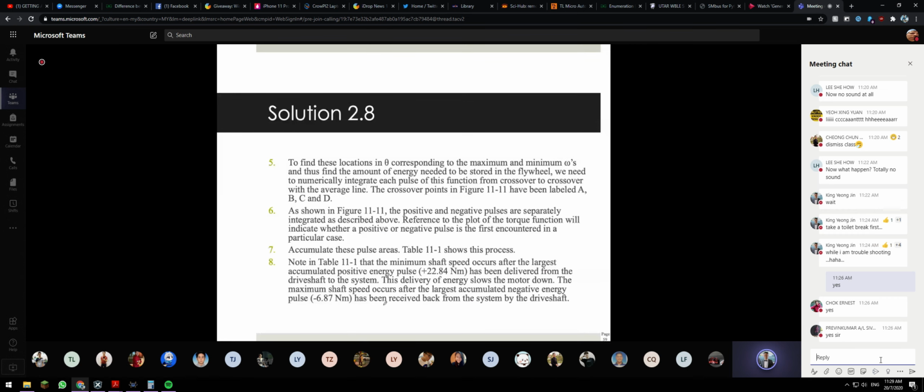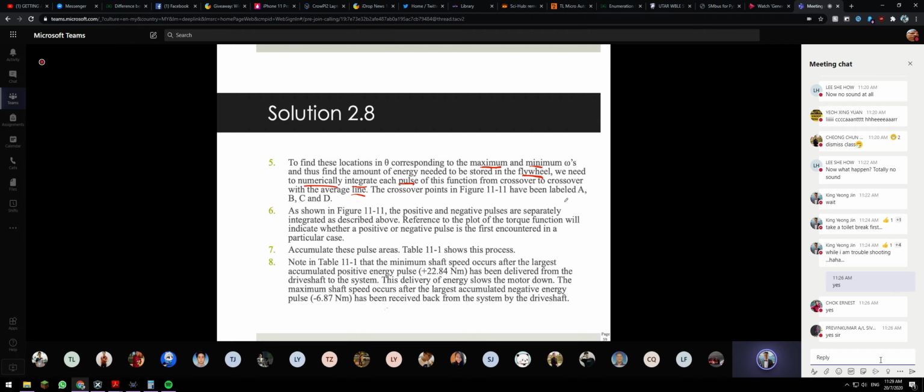So to find this location in theta corresponding to the maximum and the minimum omega, and thus find the amount of energy needed to be stored in the flywheels, we need to numerically integrate each pulse of these functions from crossover to crossover with the average line.